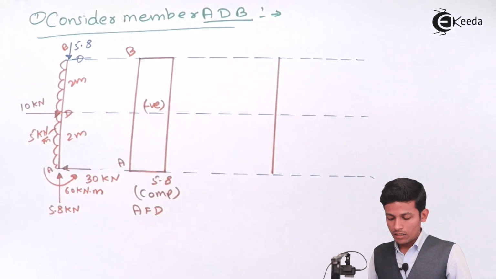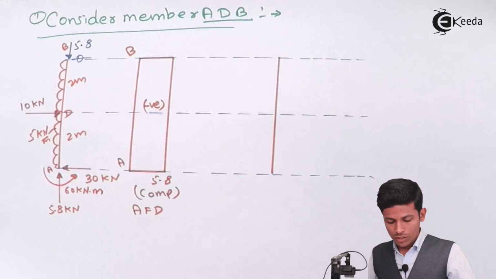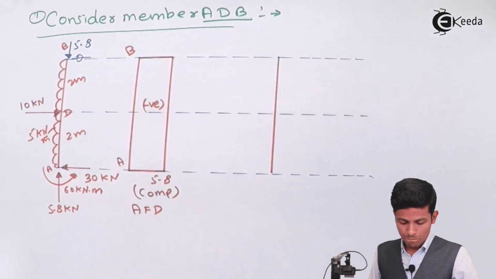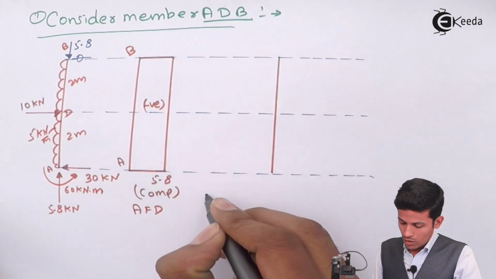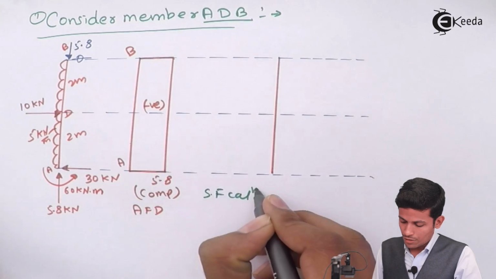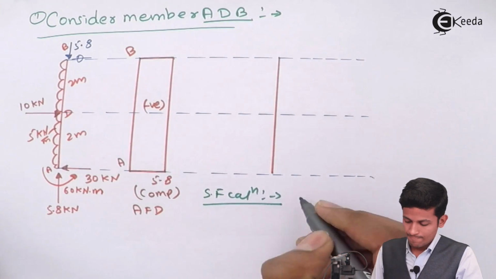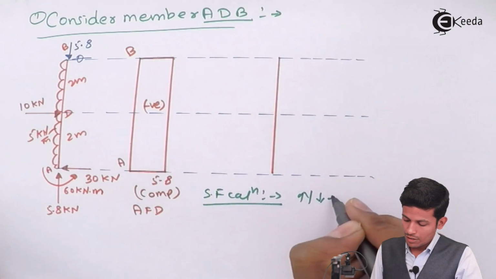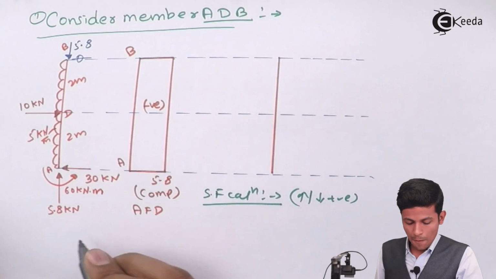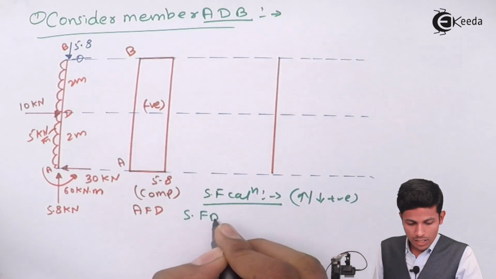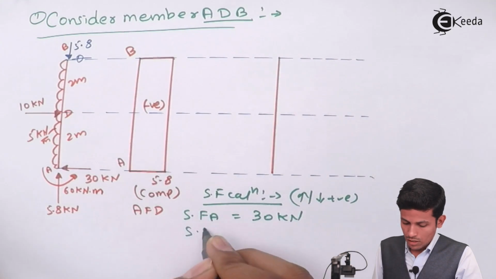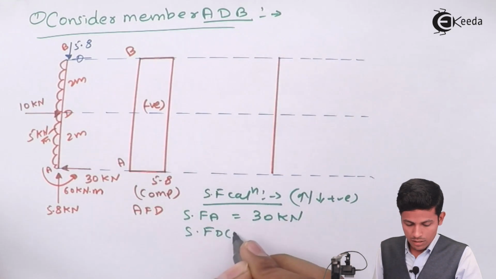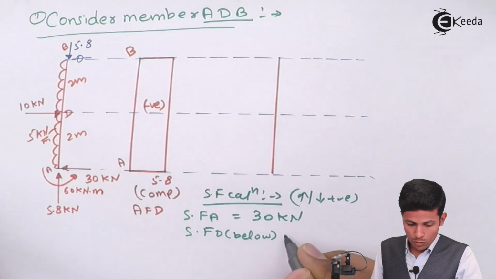Now see the calculation of SFD over here. Shear force calculation, follow this sign convention. Okay, shear force at A is equal to 30 kilonewton.